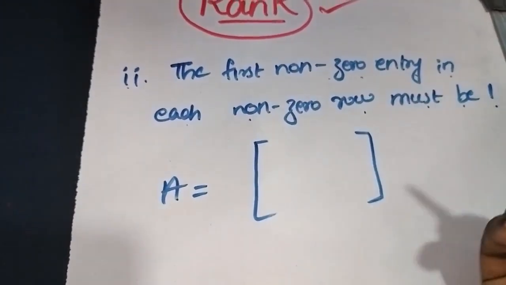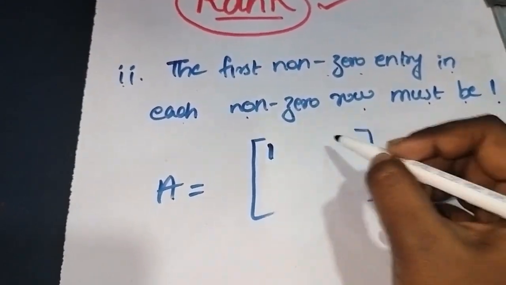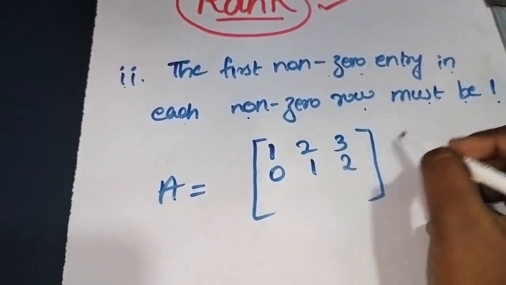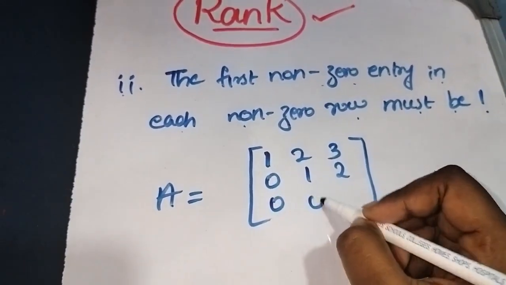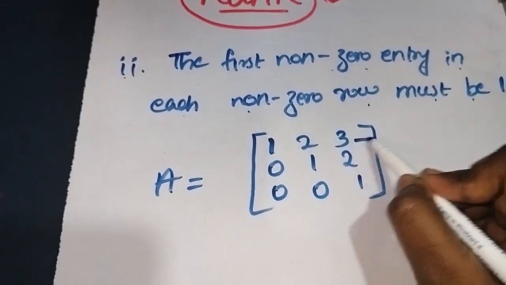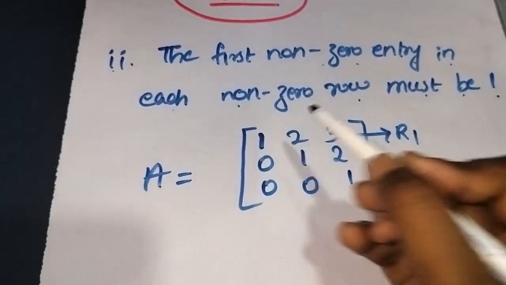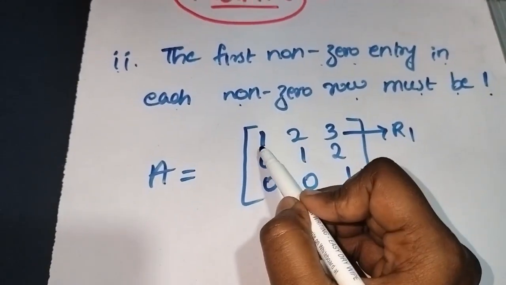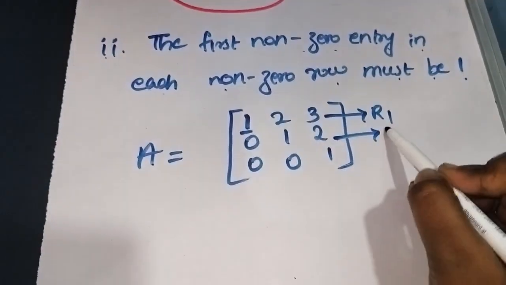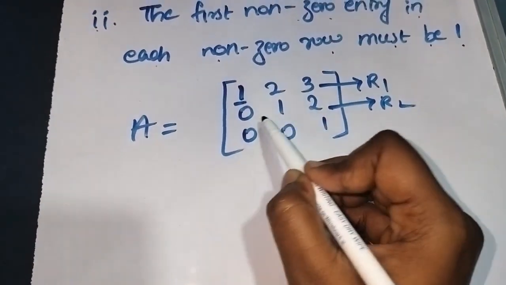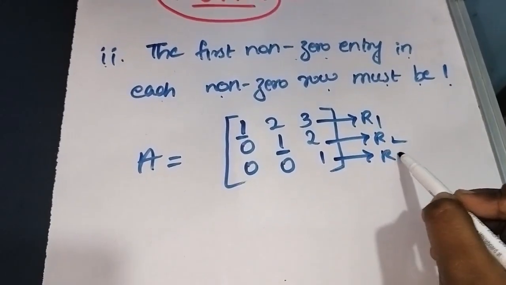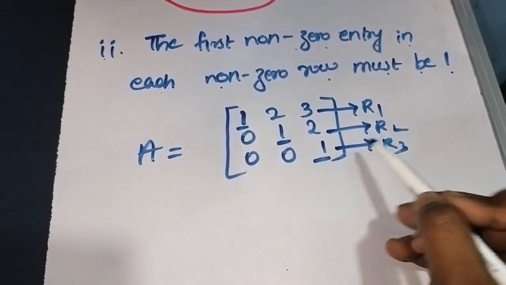Let's take some non-zero rows as 1, 2, 3, 0, 1, 2 and 0, 0, 1. In this case, in row 1 the first non-zero entry is 1, in row 2 the first non-zero entry is 1, and in row 3 the first non-zero entry is 1.